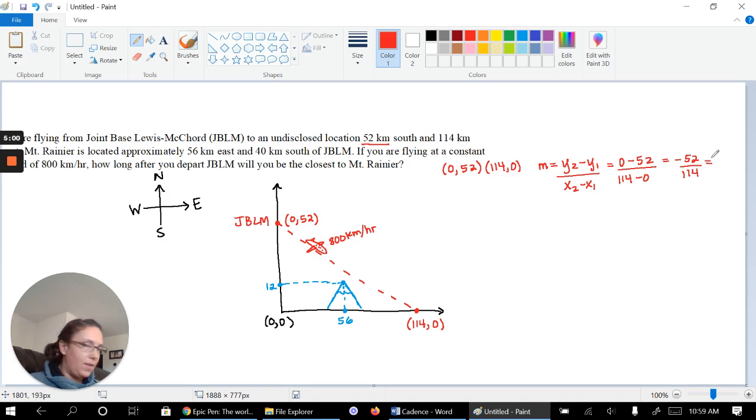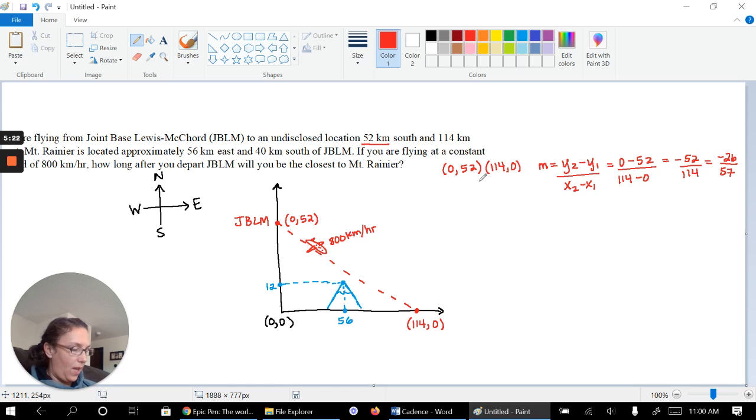I'm going to go ahead and simplify that. I'm grabbing my calculator here because it always helps to simplify fractions, especially if they're larger. I just simplified this by dividing the top and bottom by 2. So this is the slope of my line.